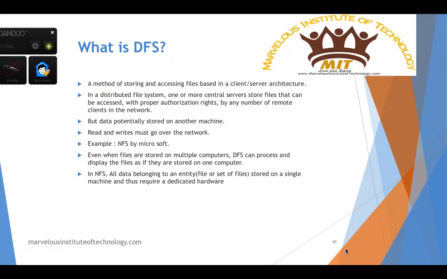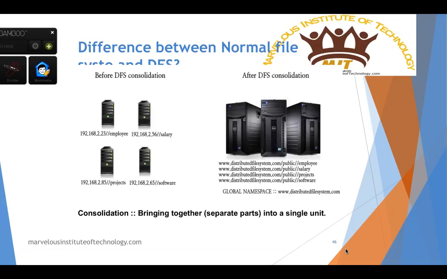So when it comes to HDFS, we'll see the difference from the DFS and how it will work. Before DFS, the data is not internally connected. There are independent machines. If you see the IP addresses, these are independent machines. This is a different machine and this is a different machine.